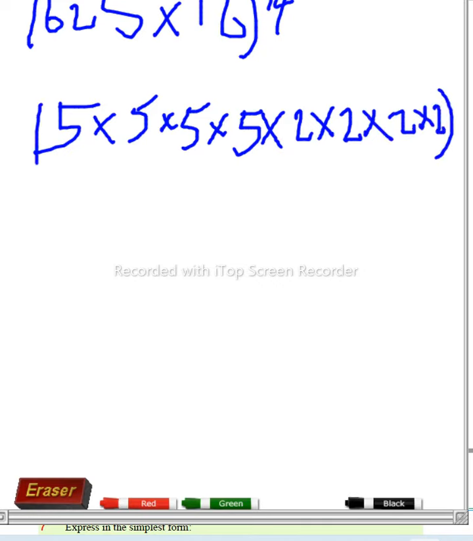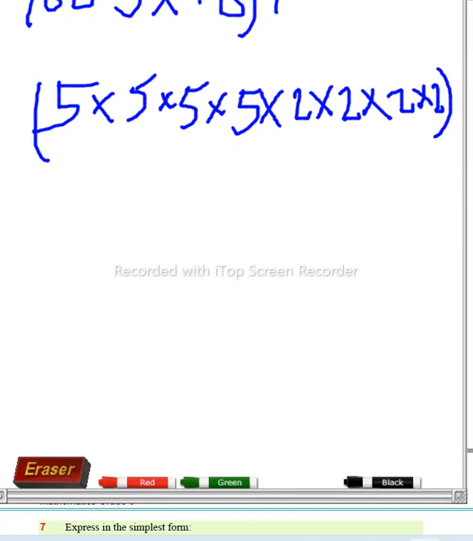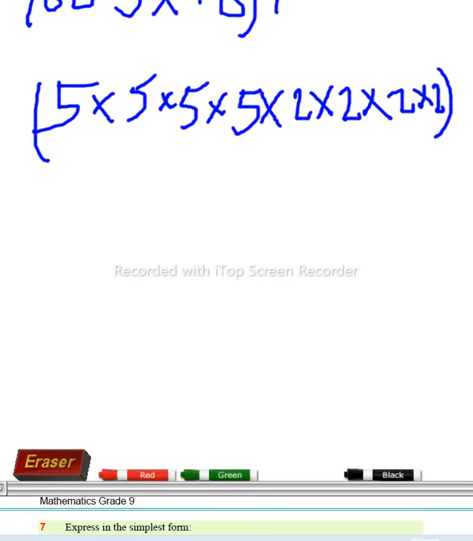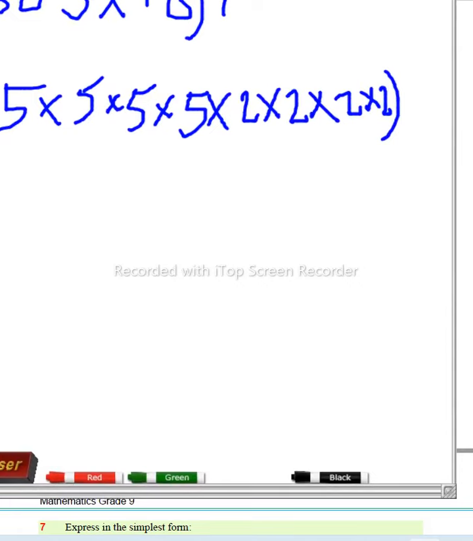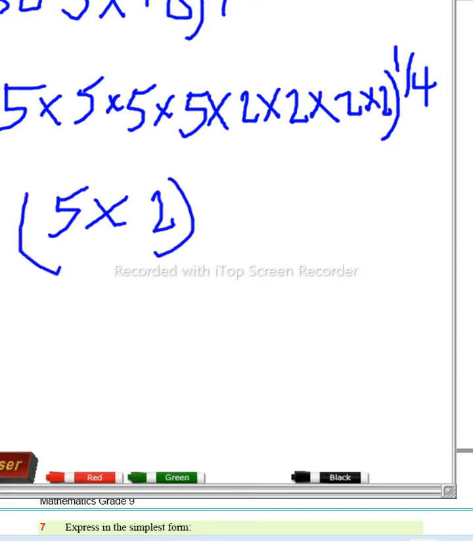Again the power of 1 over 4. As you see, we have 5 to the power of 4 and 2 to the power of 4. So we can write this as 5 times 2 to the power of 4 because we take the power common.